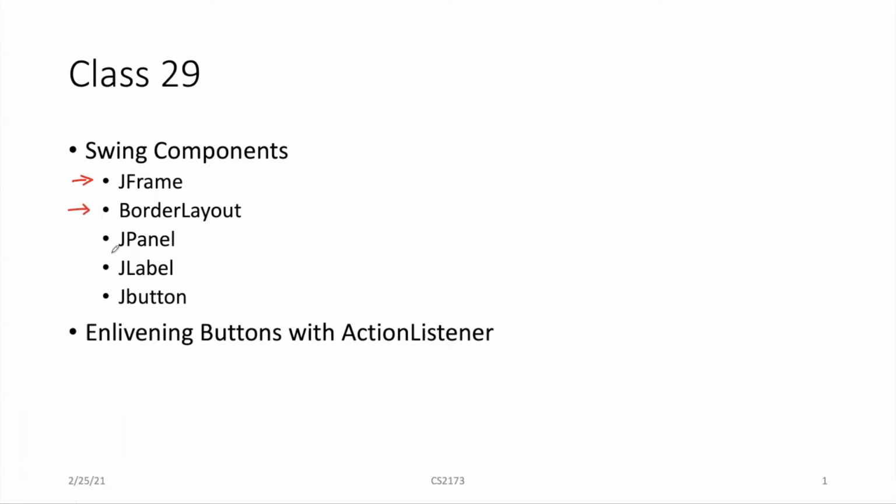The main one that the JFrame uses is something called a border layout. There are a ton of these layout things. They describe how the different widgets in the interface get laid out, basically.